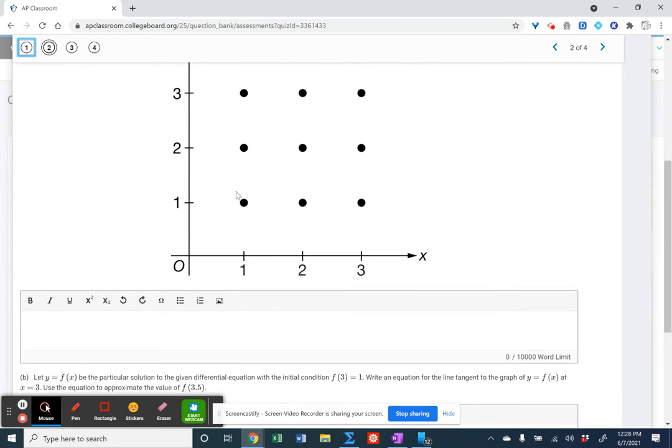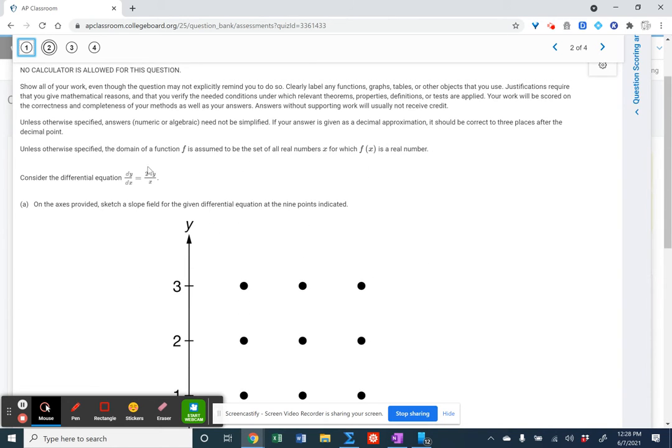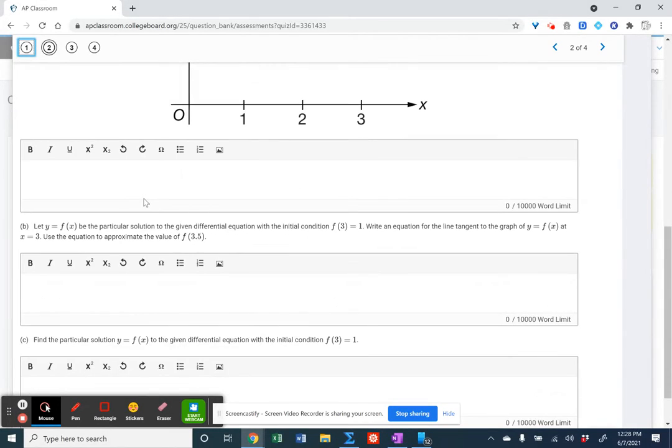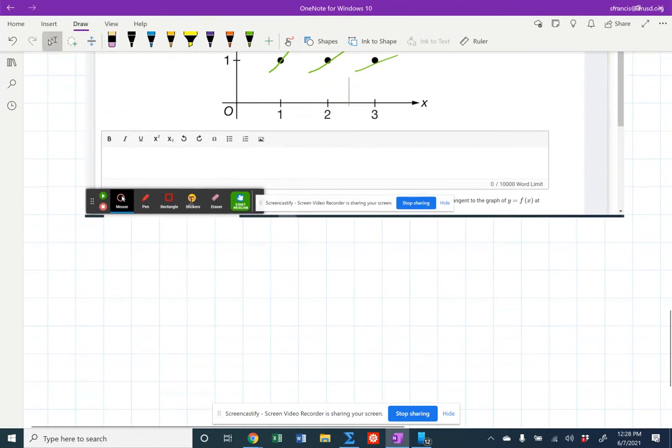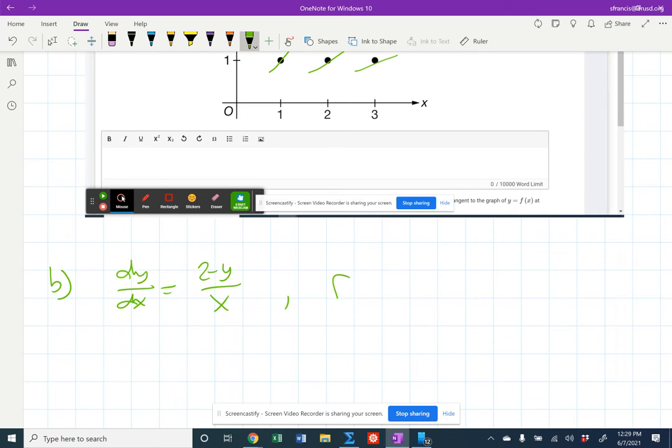So y equals f of x is a solution to this differential equation that they gave us up here. That differential equation gives us the slope of the tangent line. So when I go to work on part B, I know the slope of the tangent line is given by 2 minus y over x, and we're told that f of 3 is equal to 1.